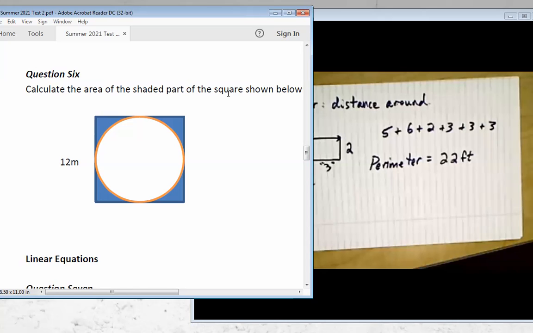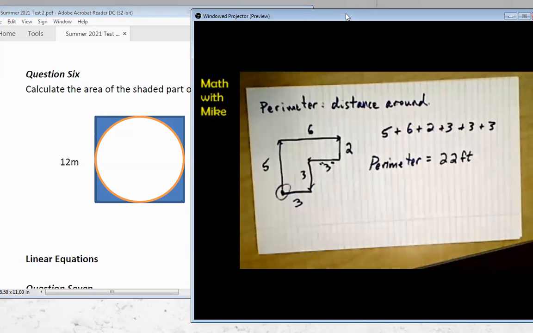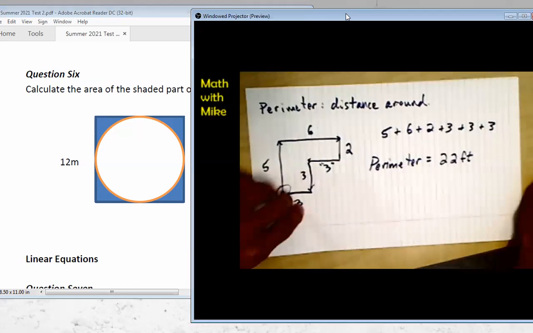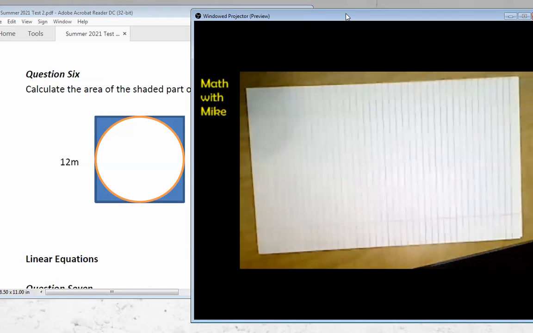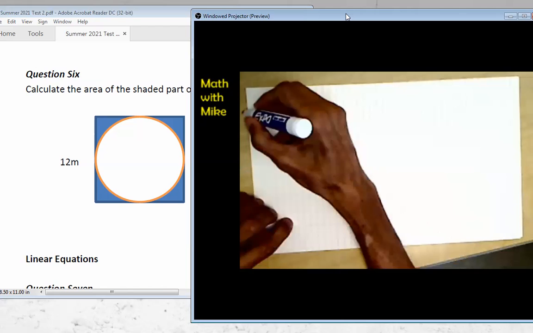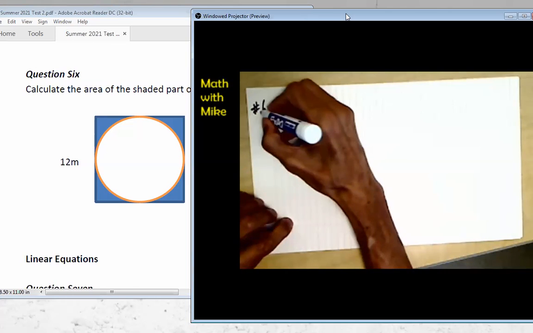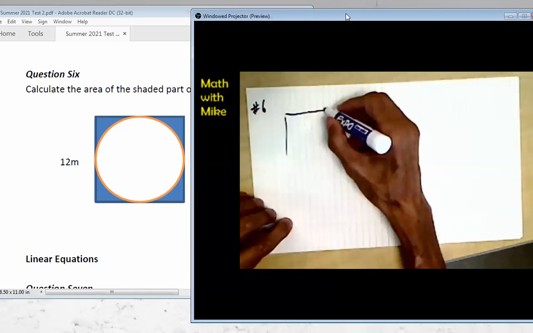What does that mean about the sides? Yeah, the sides are equal. So we're going to use that when we do the answer. So it's going to get covered over by this here, right? All right, so our picture's like this. Number 6 for our square. Equal sides, as you said.